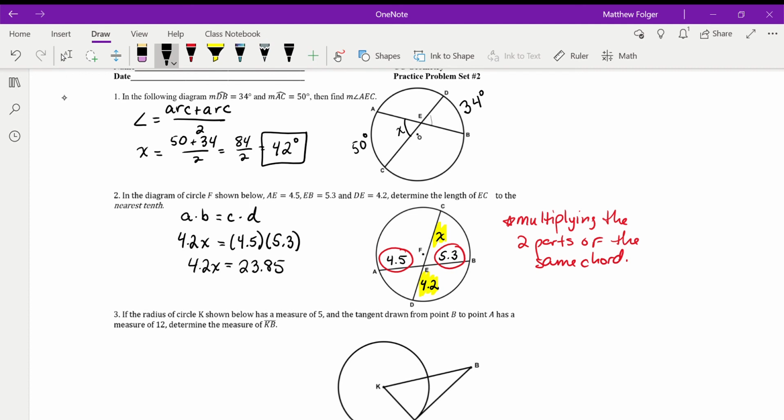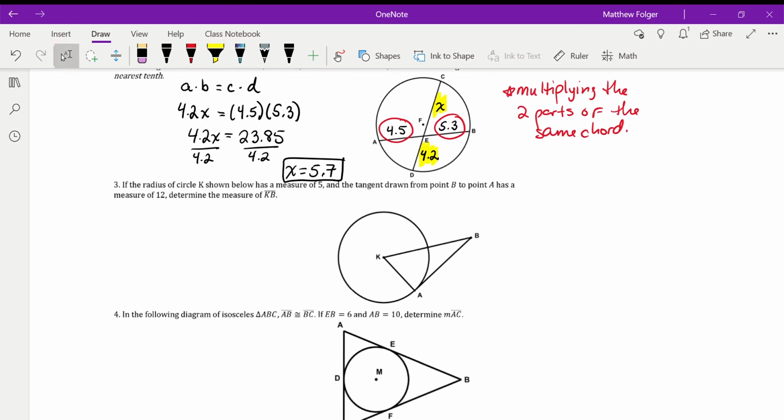And then we divide by 4.2. And you get, what does it say, nearest tenth is about 5.7. So there is the solution to number 2. All right, so there's the first two problems from the problem set. Now let's move on to number 3.